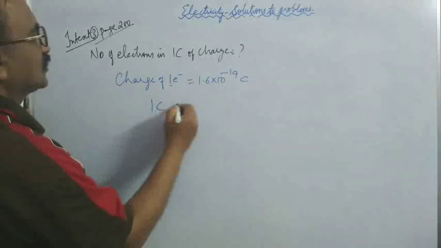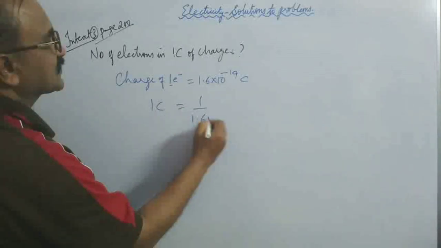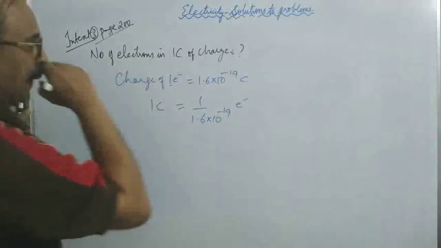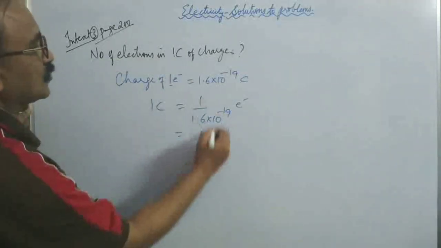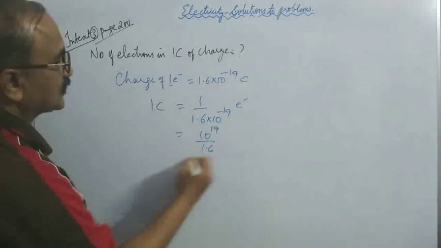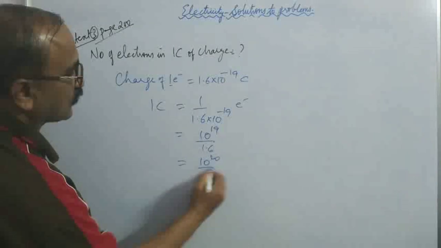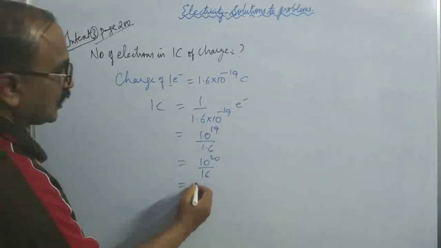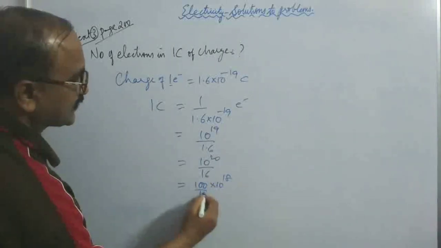So 1 coulomb will be equal to 1 by 1.6 times 10 power minus 19 electrons. That becomes 10 power 19 divided by 1.6, which is 10 power 20 divided by 16, that is 100 times 10 power 18 divided by 16.